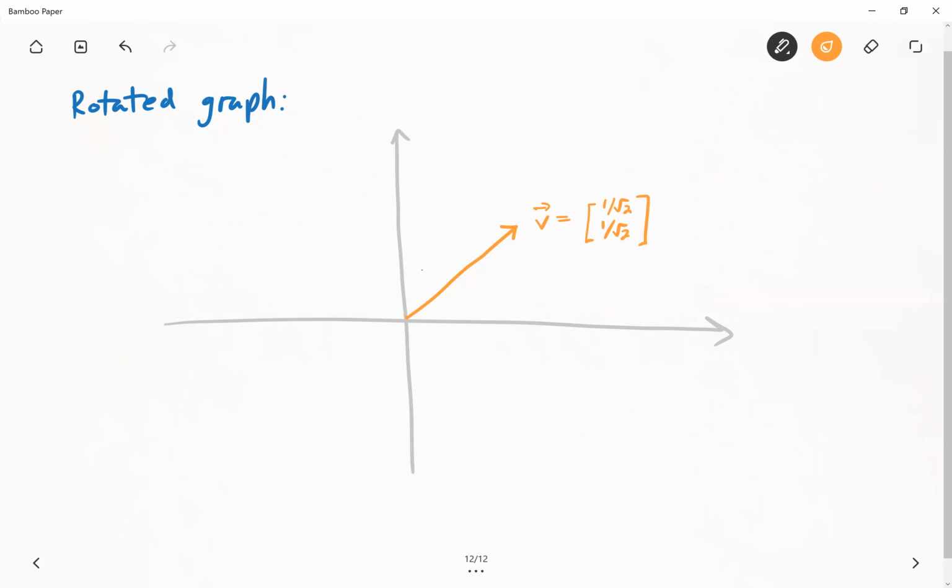And the eigenvector W, we know that's perpendicular to V. It's one of the cool things about diagonalizing symmetric matrices. This is the eigenvector W, which is negative 1 over radical 2, 1 over radical 2.